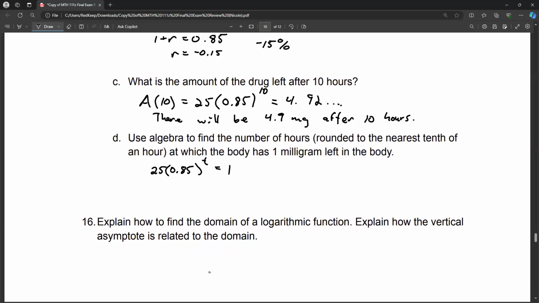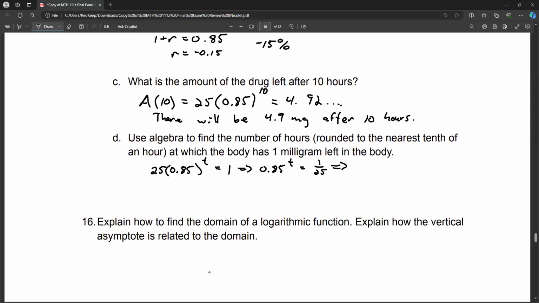Right away, what I would do here is divide both sides by 25. I see I get 0.85 raised to the power of t is equal to 1 over 25. Next, with the power of the logarithm, we can get to the exponent. I would probably just use the natural log, that's my preference.